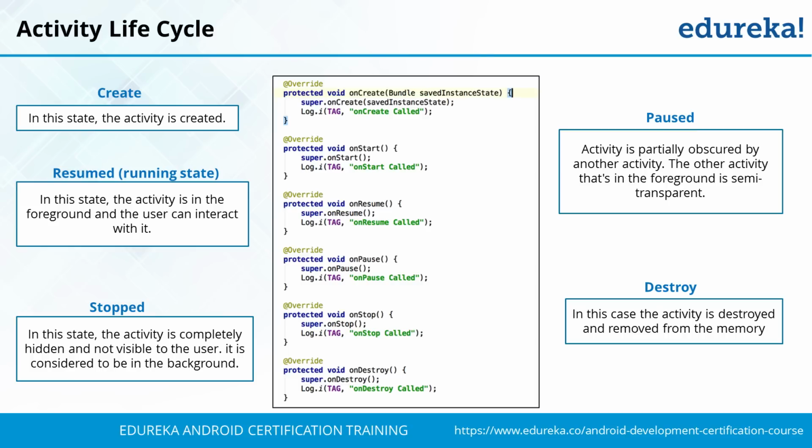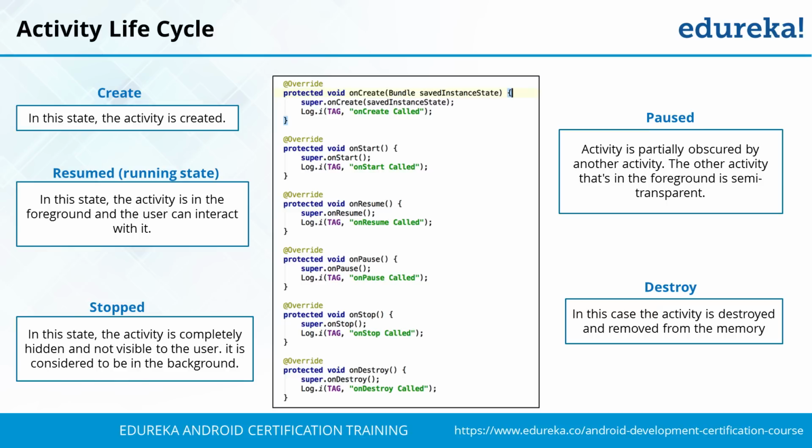So guys, create is a state when the activity is created. Resume is a state where the activity is visible and running and the user is interacting with it. Stop is a state where the user cannot see the activity and the activity is covered by some other activity. So it's in the background, so the user cannot interact with the activity. Pause is a state where the activity is visible but the user cannot interact with it.